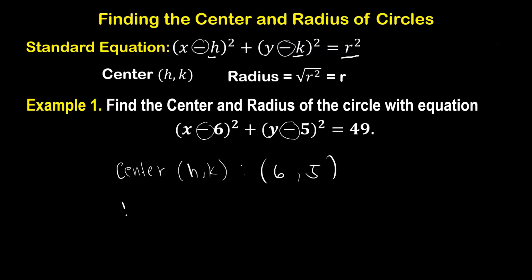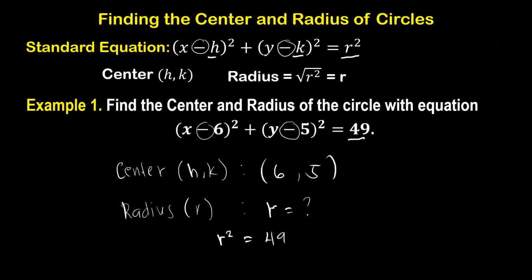For our radius of the circle, which is our r, we need to find the value of r based on the given standard equation. We know that the value of r squared is equal to 49, which is here in the given standard equation.